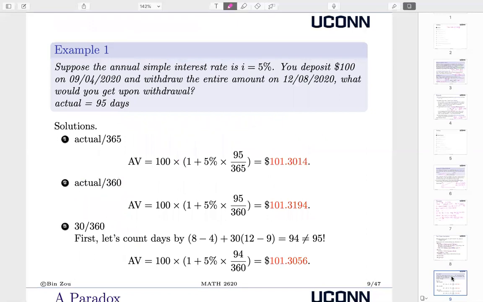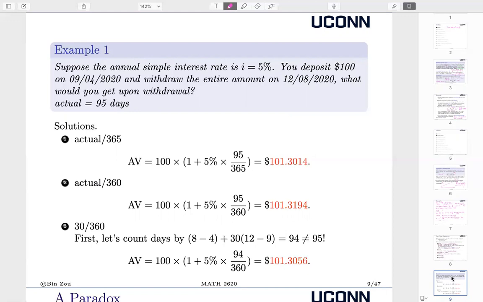So here we have an example. In this example, we have a simple interest rate of 5%. You deposit $100 on September the 4th, 2020, a few days from today, and withdraw the entire amount on December the 8th, 2020. What would you get upon withdrawal?